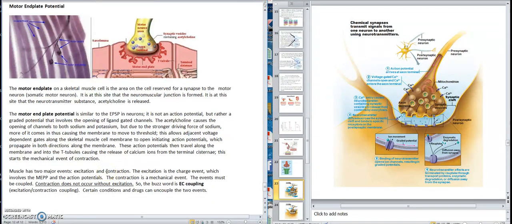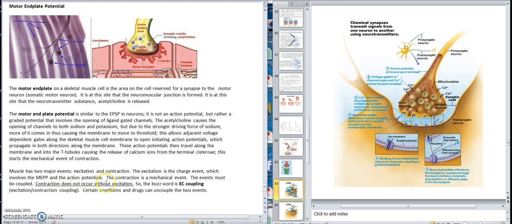See, muscle has two major events. Now listen to me. Neurons only had one. They only did conductivity, excitation. But muscle has to do two things: excitation and contraction. The excitation is the charge event. That's all that charge stuff we've been talking about in this electrophysiology. The contraction is a mechanical event. The events must be coupled.